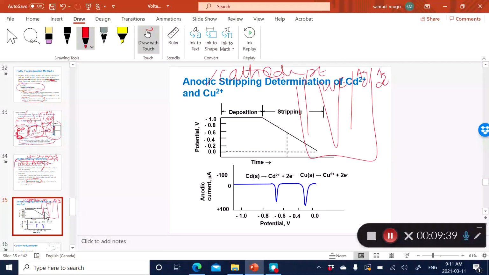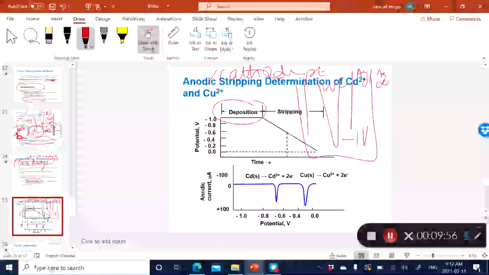Now, you would apply a potential that is fixed initially. So you can see initially you apply on the electrochemical cell a high negative potential, such as -1 V, okay? Now, if you're dealing with cadmium, for example, that's what you're trying to analyze, say in wastewater.